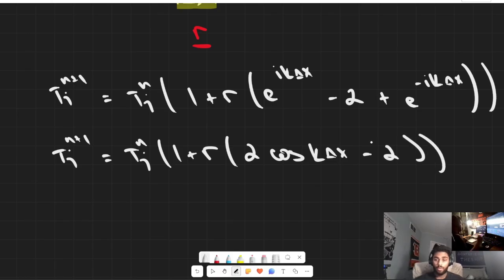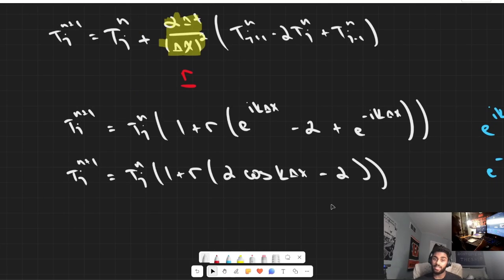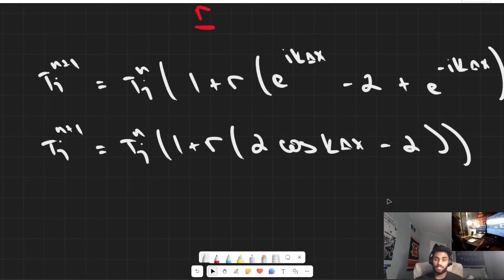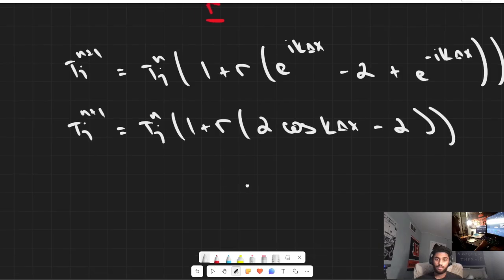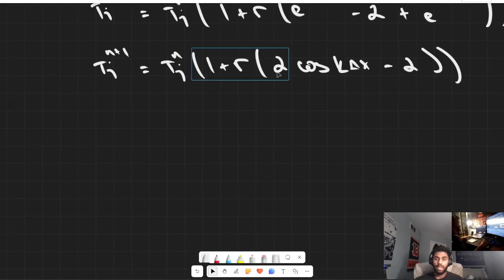So we were able to use Euler's identity to help us kind of contain this equation. And now we see a little bit more about what I mean by amplitude. We see that we now have a wave function, a cosine function.